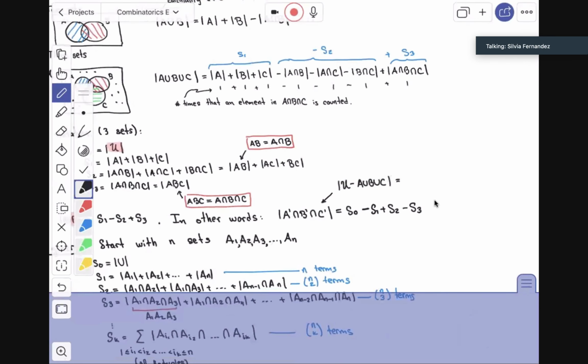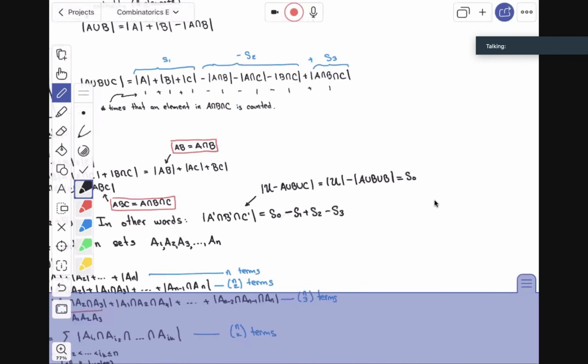So this is cardinality of U minus cardinality of the union, which happens to be, according to our notation, not minus what we had written before. So that was the way that we were writing this. But this still looks like we're starting from S naught, we alternate signs.